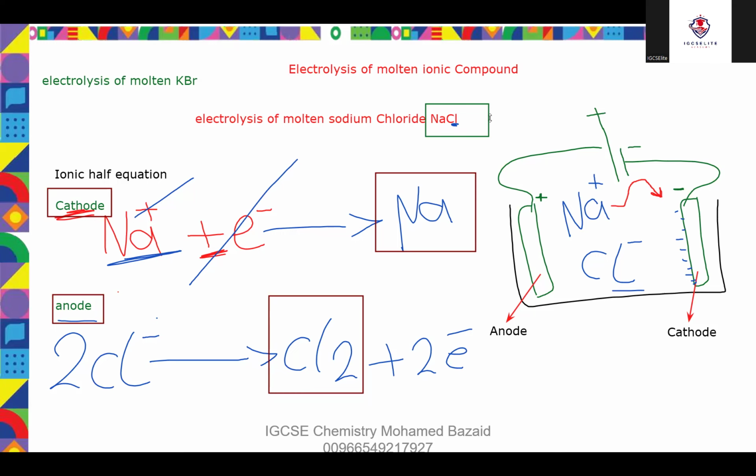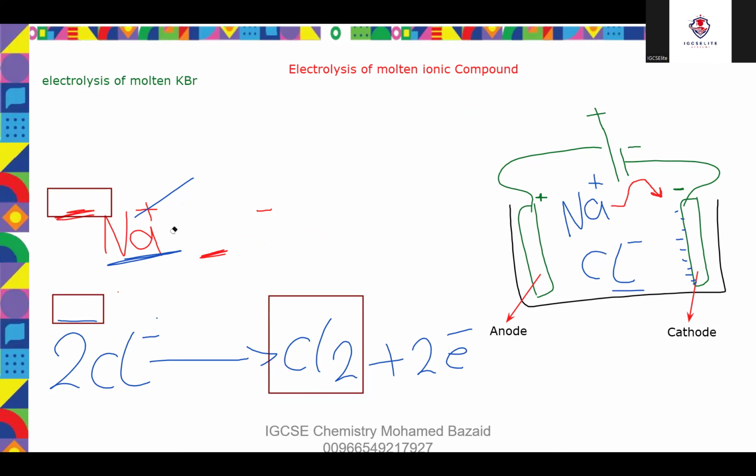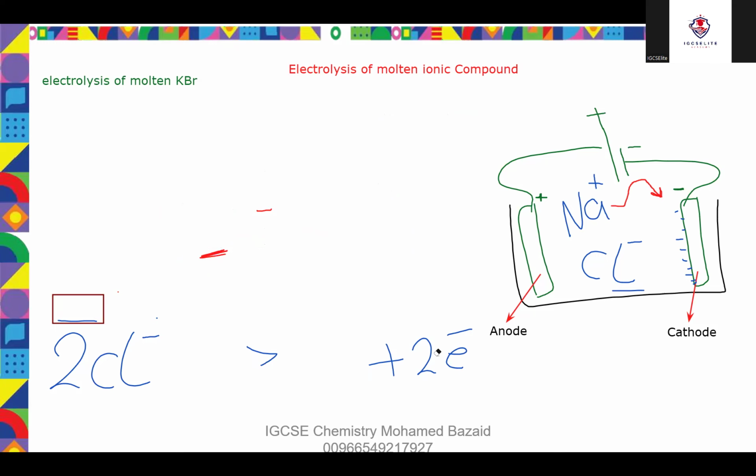Let's start. Are you ready? So the same idea, by the way. Just I will read this because I don't need sodium chloride now. My question was about molten potassium bromide.